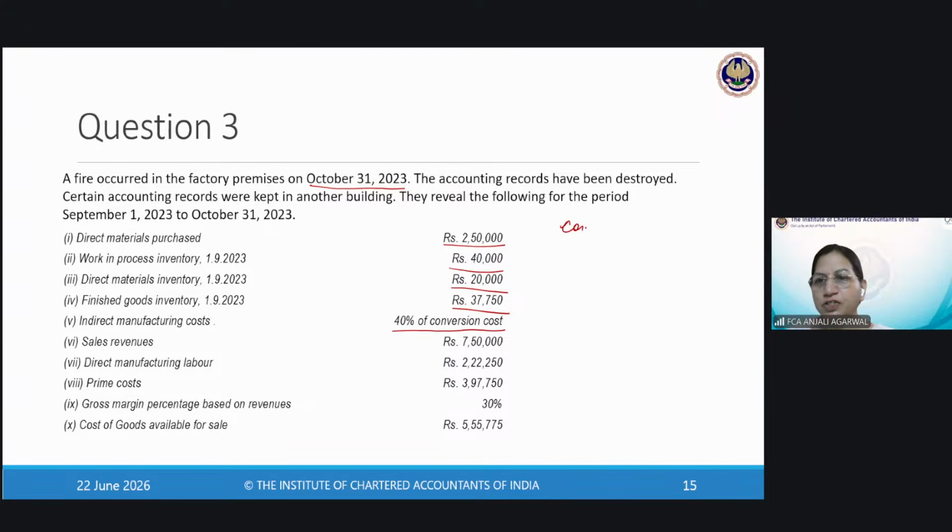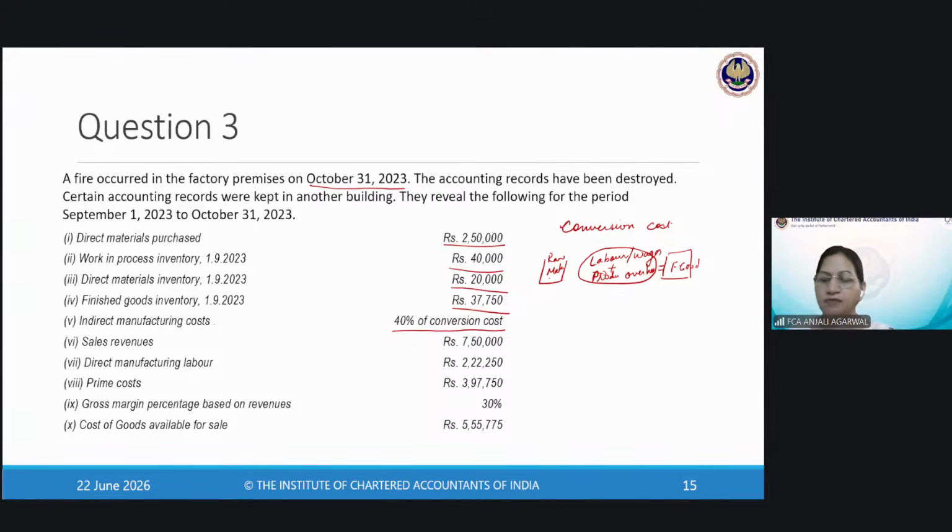When you talk about conversion cost, what is conversion cost comprised of? Let's say you have certain material which you convert into finished goods. By the time you convert your raw material to finished goods, what is the cost that you generally incur on this? It is labor or wages and your production or factory overheads.